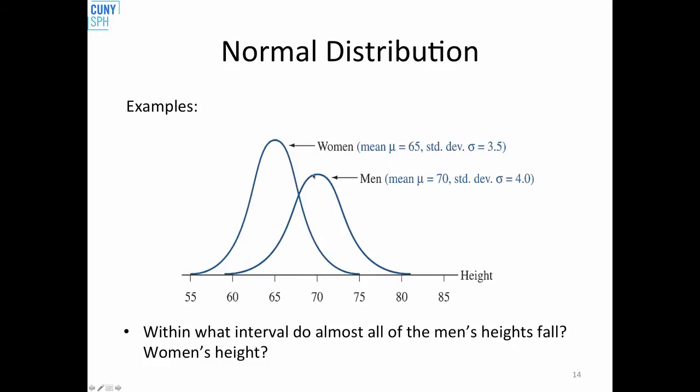So different peaks, but quite a bit of overlap between these distributions. So almost all of men's heights fall between about 60 and 80, and almost all of women's heights, according to these distributions, fall between 55 and 75, but there's a fair bit of overlap between those.